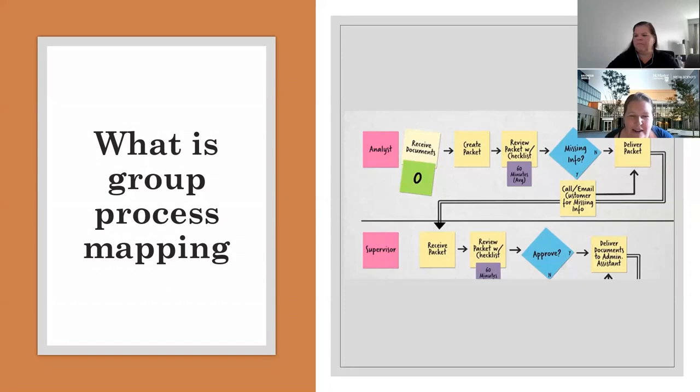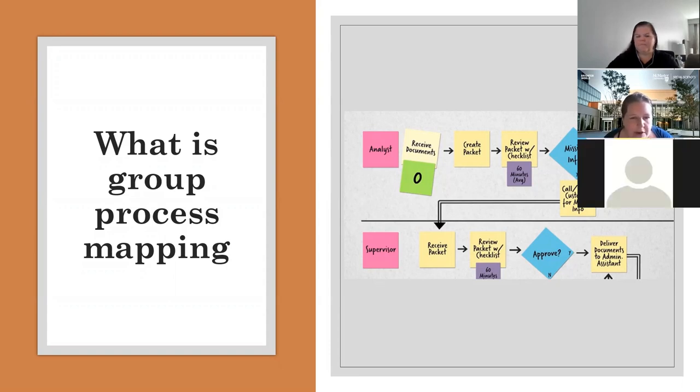Sticky notes are your friend. There are also some online tools for being able to do this. I haven't used them as extensively. I actually have just put in a bid for a new project where we will be doing group process mapping online. So I may do a follow-up where I can talk a little bit more about how do you do this process virtually, which I think is going to be a fascinating challenge.